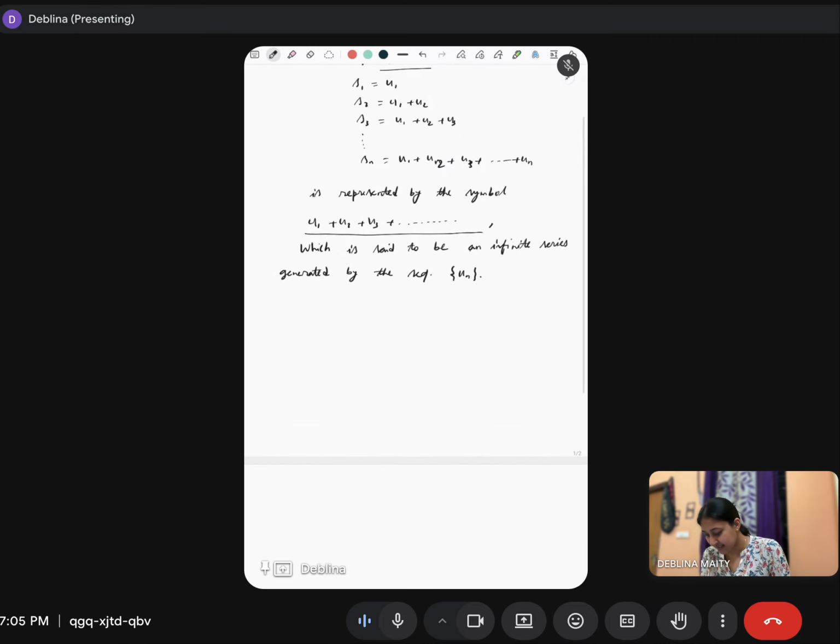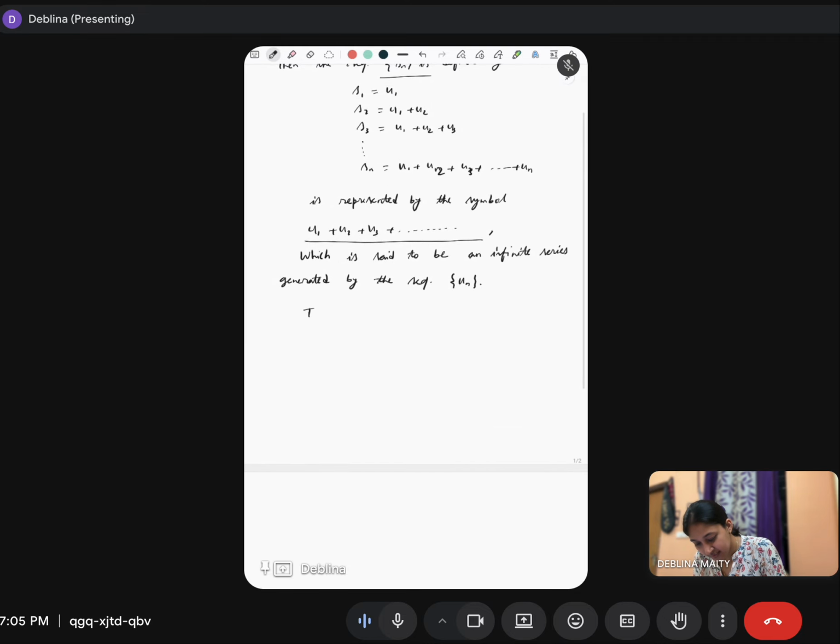And this series is denoted by the sum of Un, where the summation is from 1 to infinity, right?